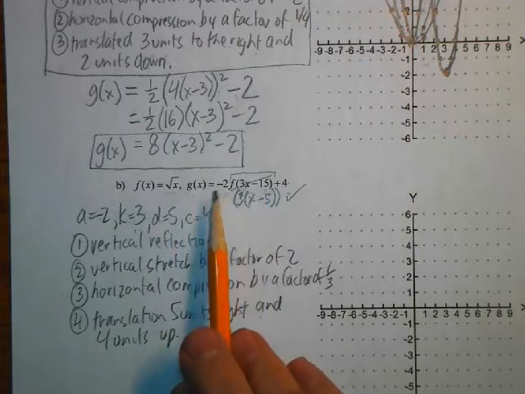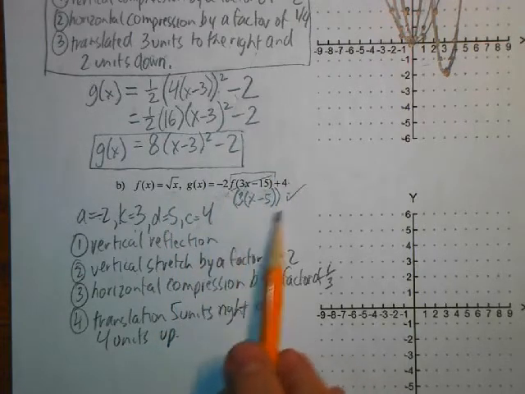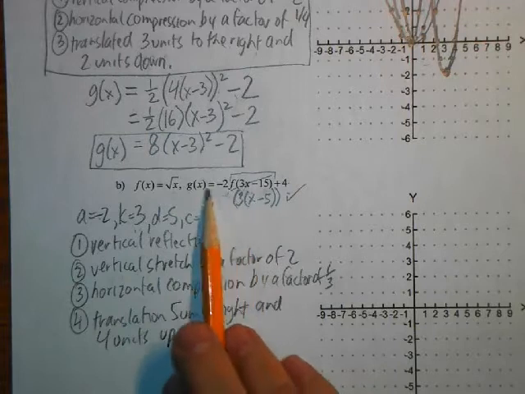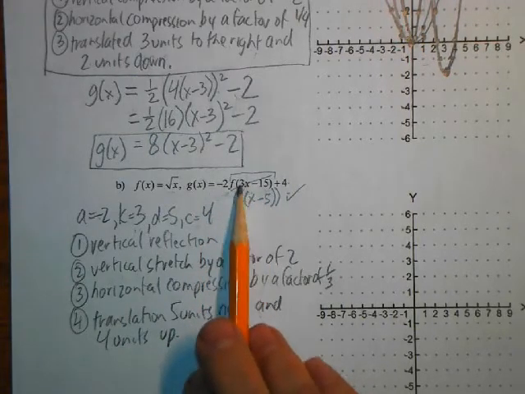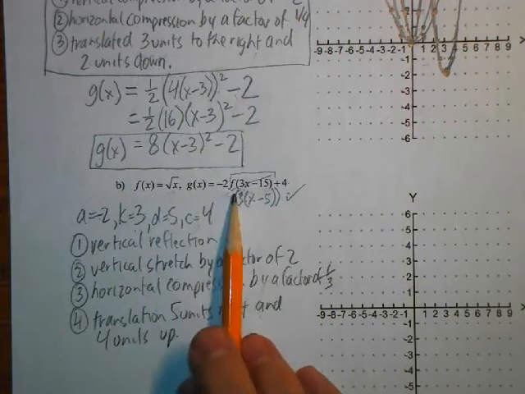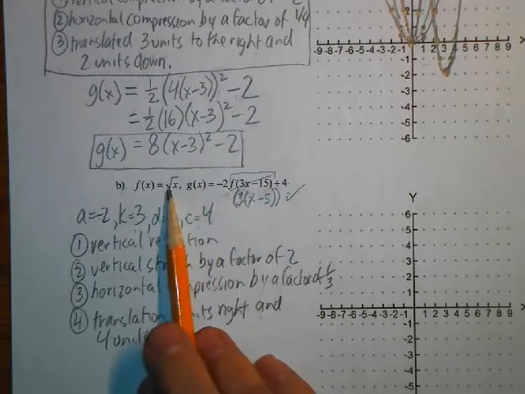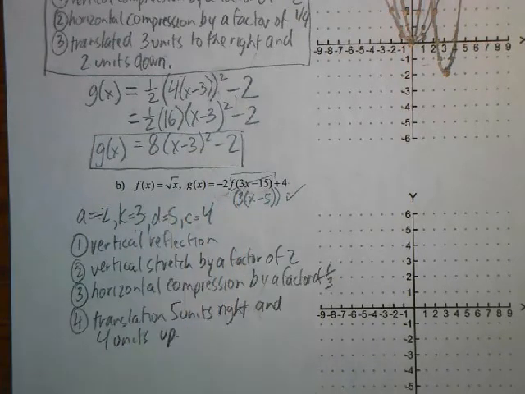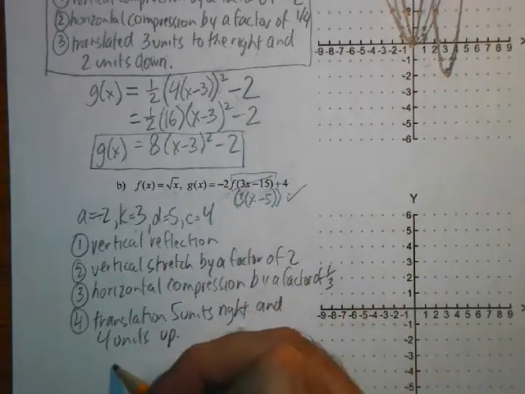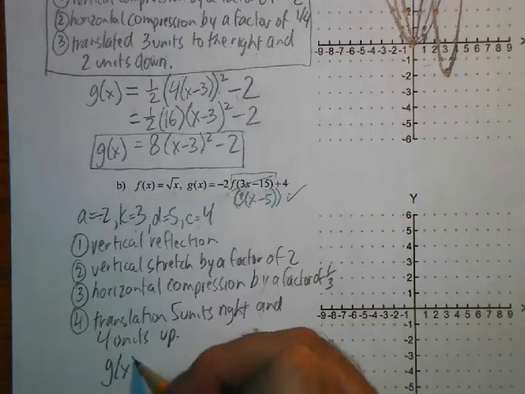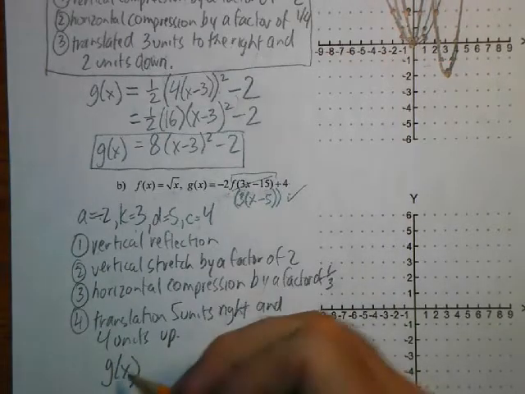And speaking of that function, now it's time for us to write the version that doesn't have the f of x inside of it. Let's change the function f to what function f it really is, and that's the square root of x. So our new version of g of x, this one probably won't be as hard.